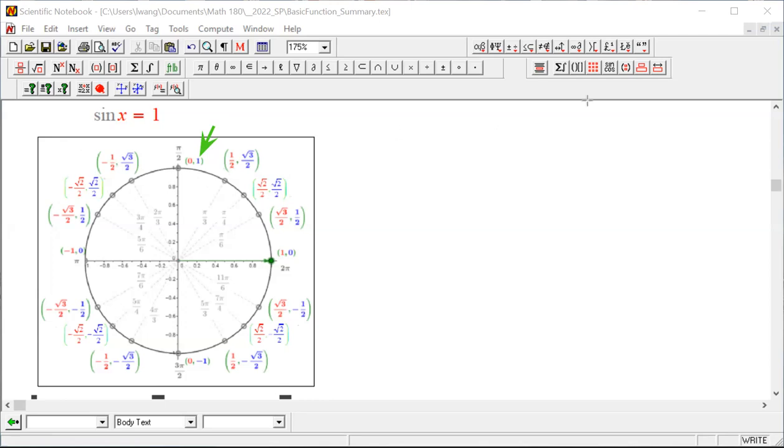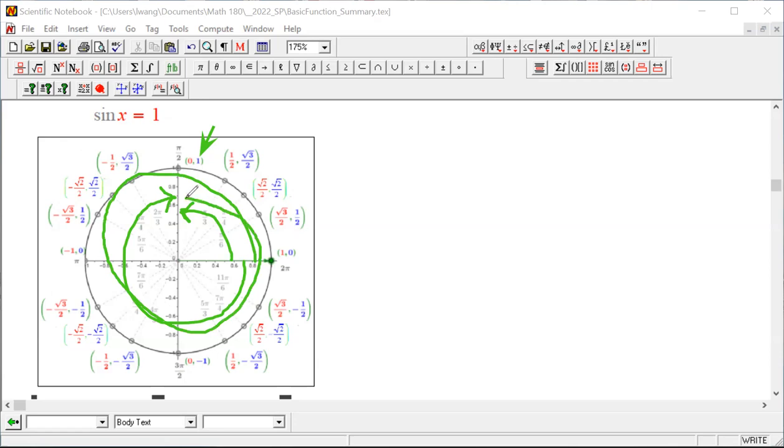So you're going to figure out what it cannot be. It cannot be pi over 2, right? It cannot be negative 3 pi over 2, right? It cannot be 5 pi over 2.